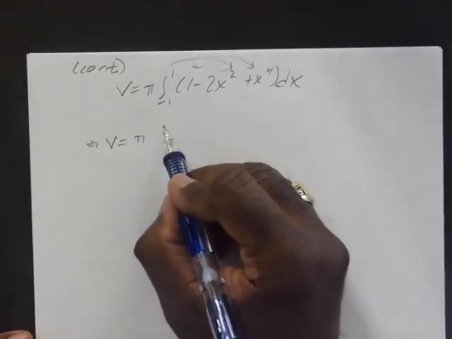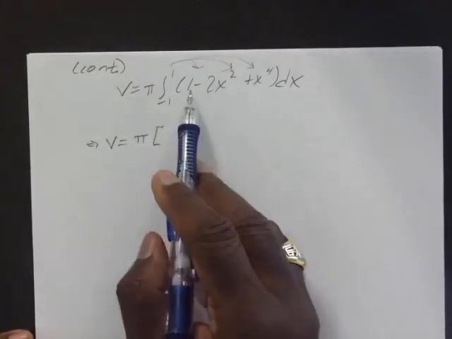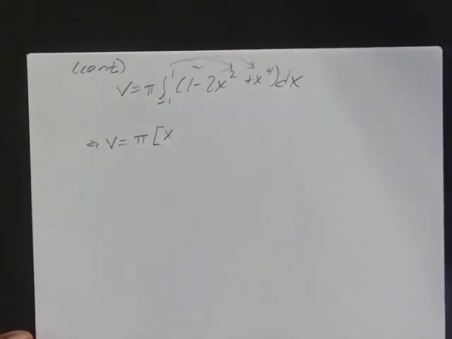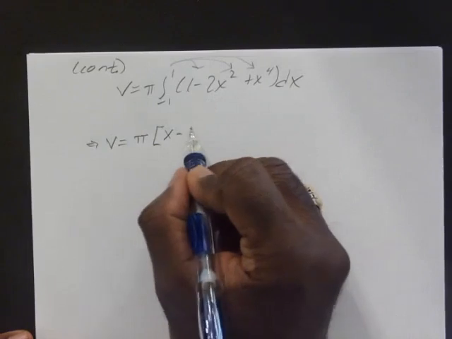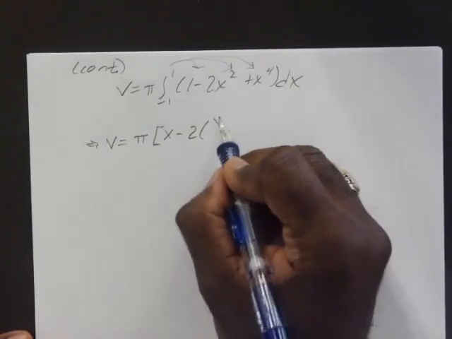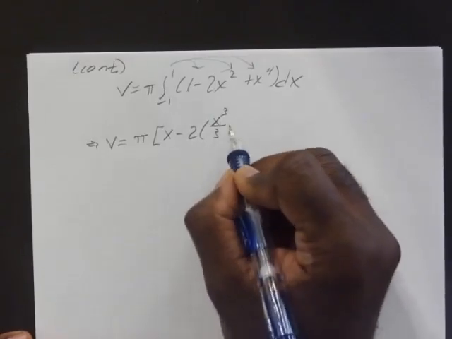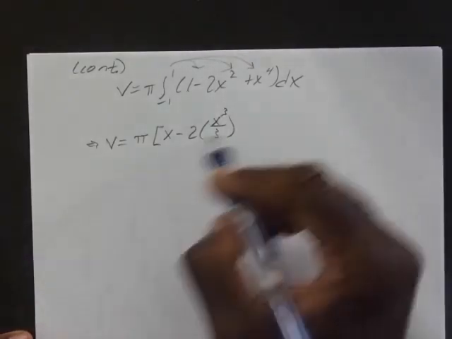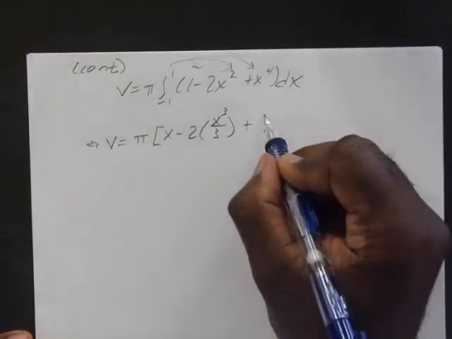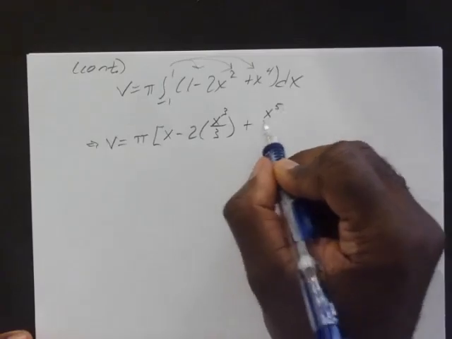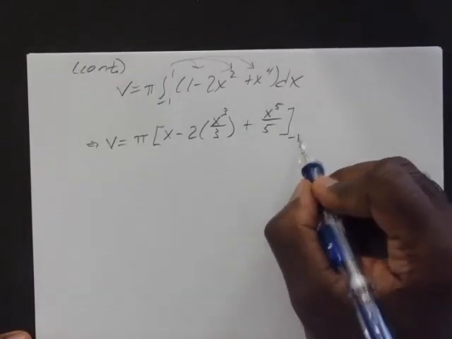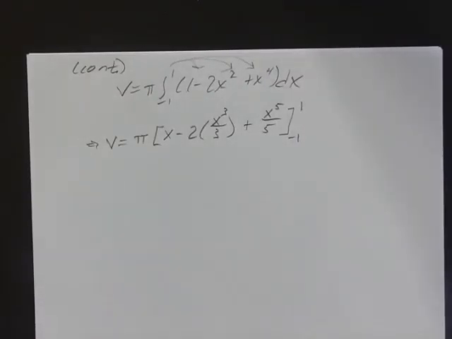It's equal to pi times the integral of 1, which is just x, minus 2 times the integral of x squared, which is x to the third power over 3, plus the integral of x to the fourth power, which is x to the fifth power over 5. That's from x equals -1 to 1.